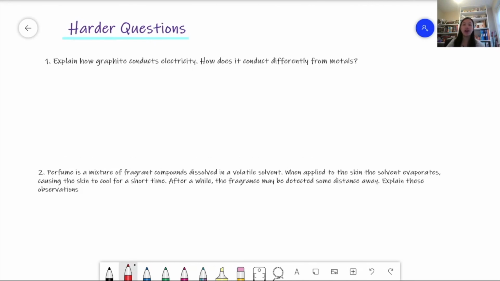We're going to look at some harder questions for the bonding and physical properties of different compounds. So the first question is to explain how graphite conducts electricity and how it conducts differently from other metals. So graphite is made up of carbon atoms, and they form hexagonal 2D planes.